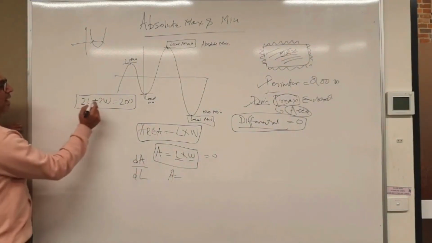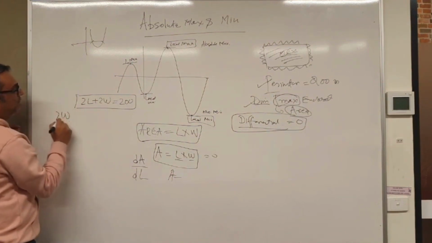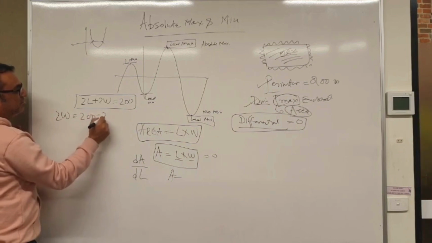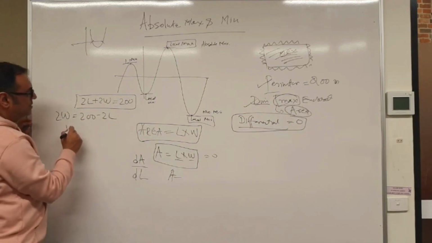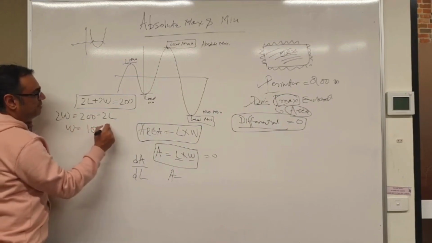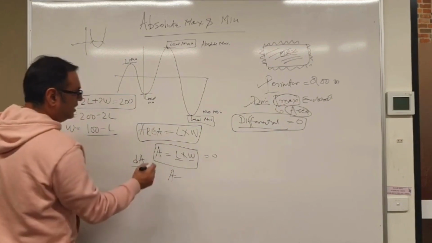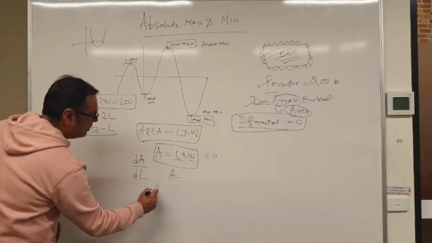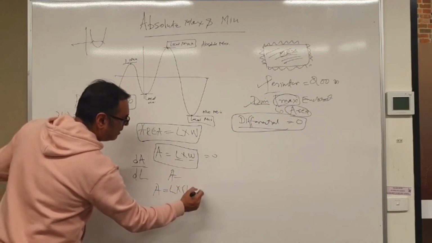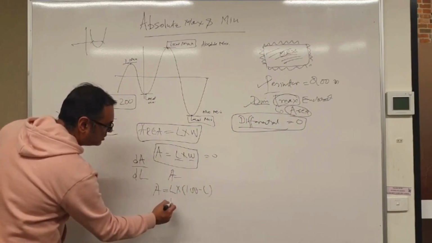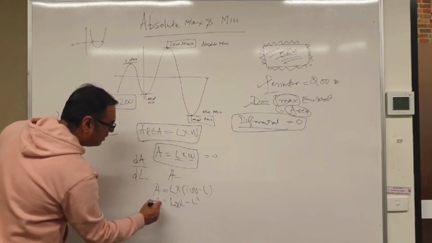So I can convert my W's into L. I'll say 2W equals, that's what Chris said, and then W equals 100 minus L. You plug this here and your area is L times 100 minus L, which is 100L minus L square.